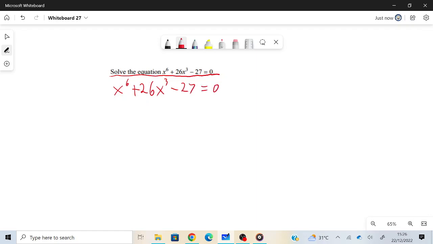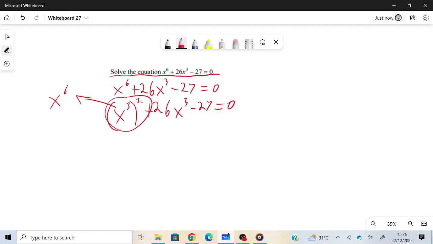I can rewrite this as x to the power of 3, squared, plus 26x to the power of 3 minus 27 equals 0, because if you open this up, it would give you x to the power of 6 as normal. So now again we can let x to the power of 3, this time, equal p. You would have p squared plus 26p minus 27 equals 0.